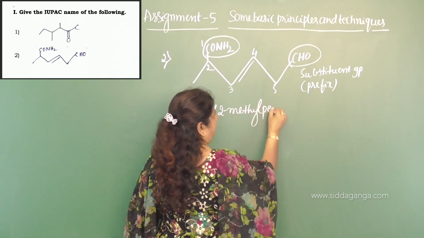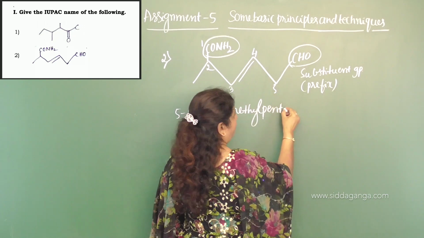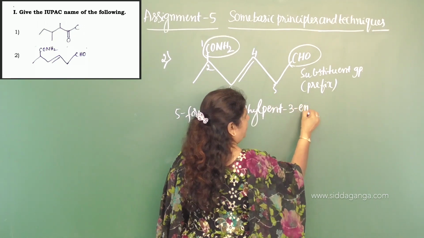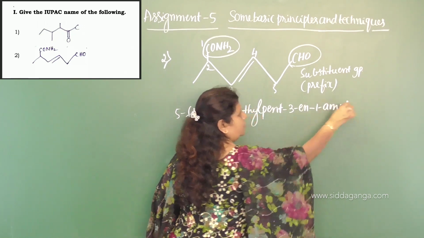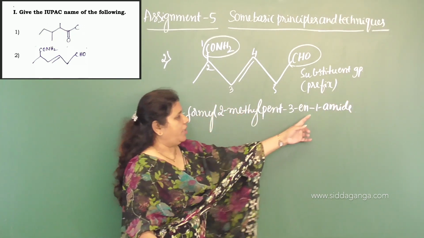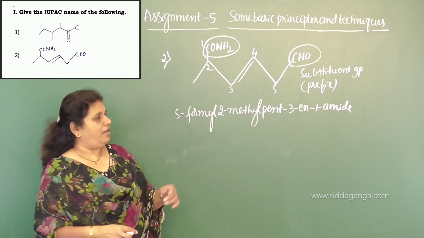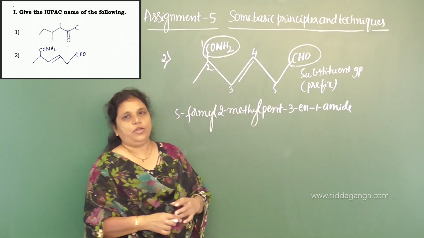2-methyl, pent. Between 3 and 4 we have a double bond, 3-en-1-amide. You can ignore the locant 1 here or you can retain the locant 1.